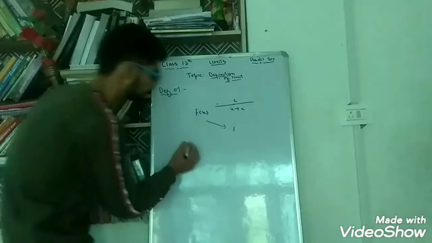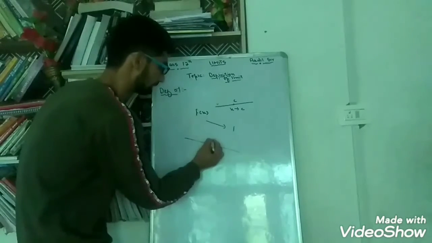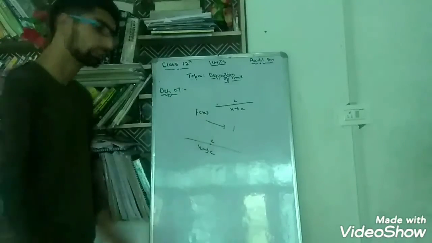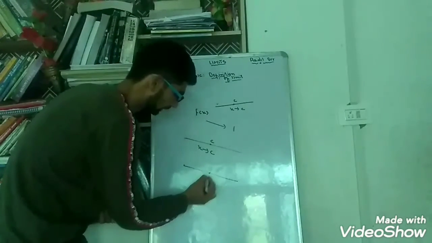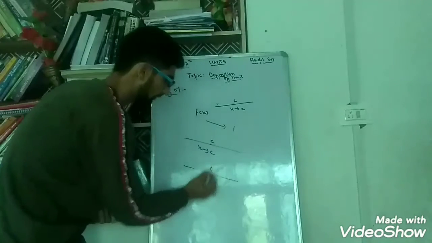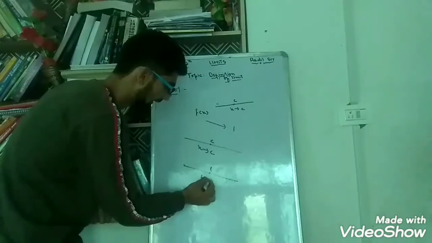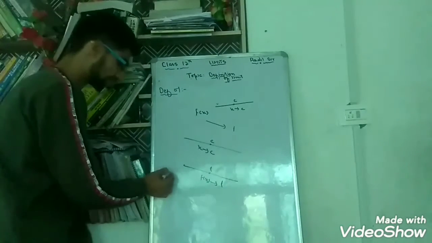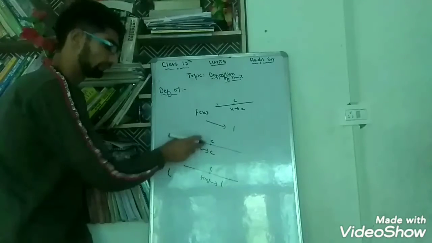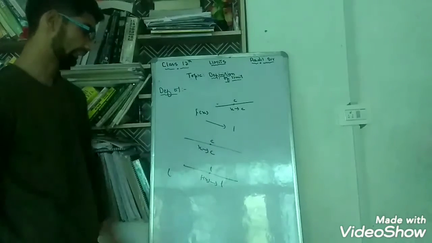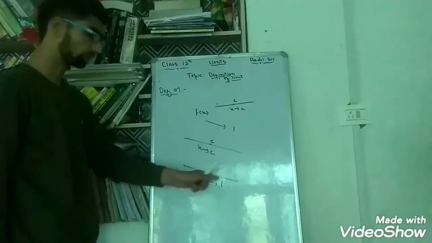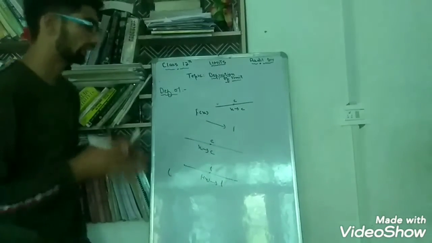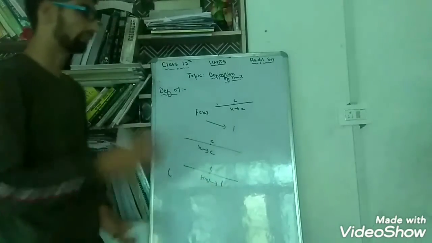Or if this is our c and the values of x are close to this c, if at that time the value of the function f of x is getting close to this L, we are saying that the limit of the function f of x at this point c is equal to L. Or we say when we tend x to c, our function tends to L. We can write it like this.